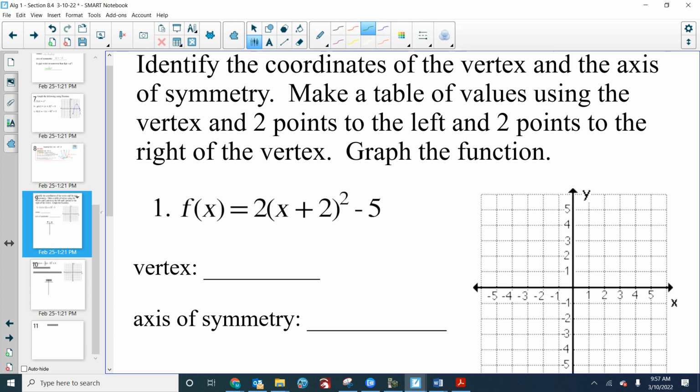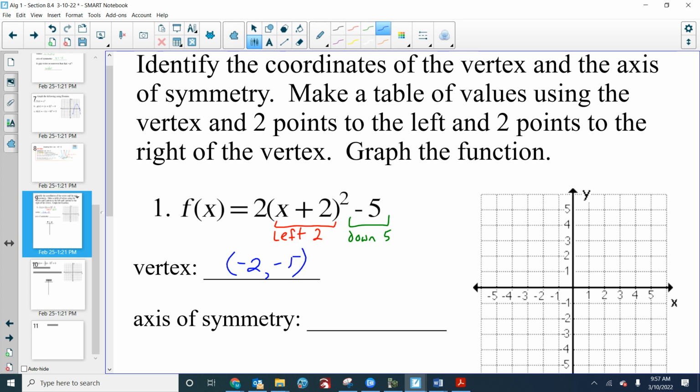You may want to do this as you're practicing these problems. You may want to underline this and say left or right. Which way is it going to go? Left 2. And then underline this and say down 5. That makes things pretty easy because our vertex was at 0, 0. If I went left 2 and down 5, now my vertex is at -2, -5.